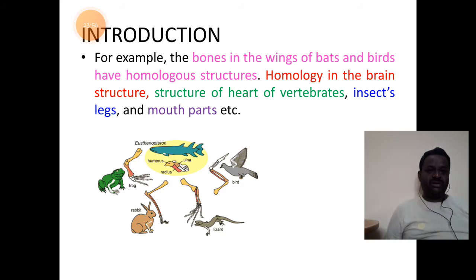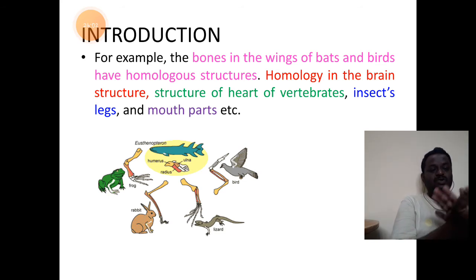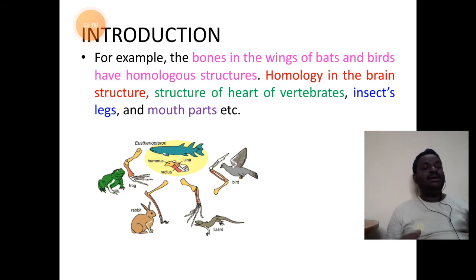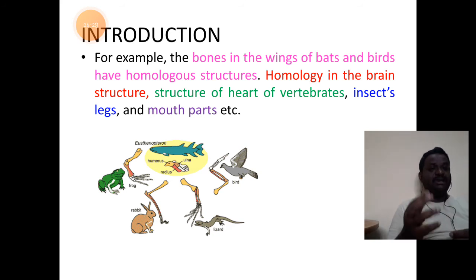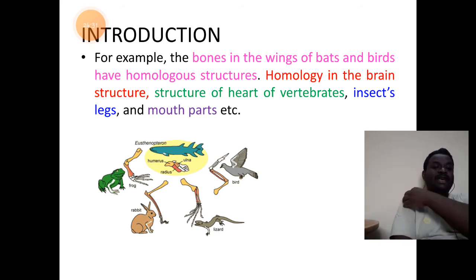Except for that fish, in the rest of the classes, amphibians show 1 humerus, 2 bones of the lower arm called radius and ulna, they have wrist bones, then they have palm bones, and digit bones. Same thing with a reptile, same thing with a mammal like a rabbit, same thing with a bird. So everywhere, including the ancient fish belonging to crossopterygians, homologous organs are found in the organisms, especially related to the forelimb of the vertebrate classes.